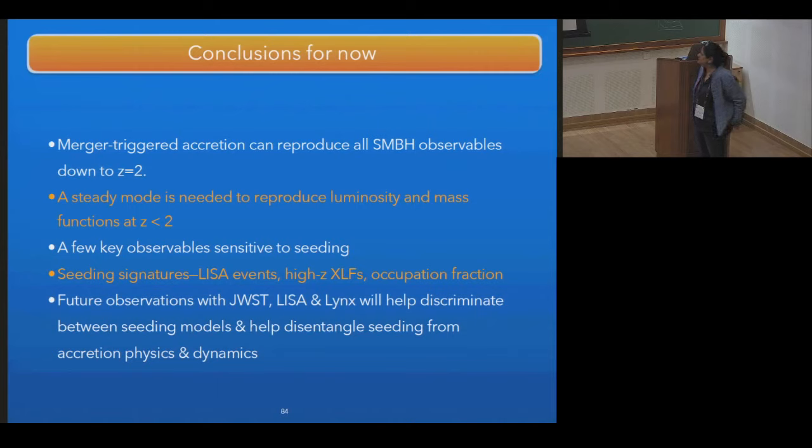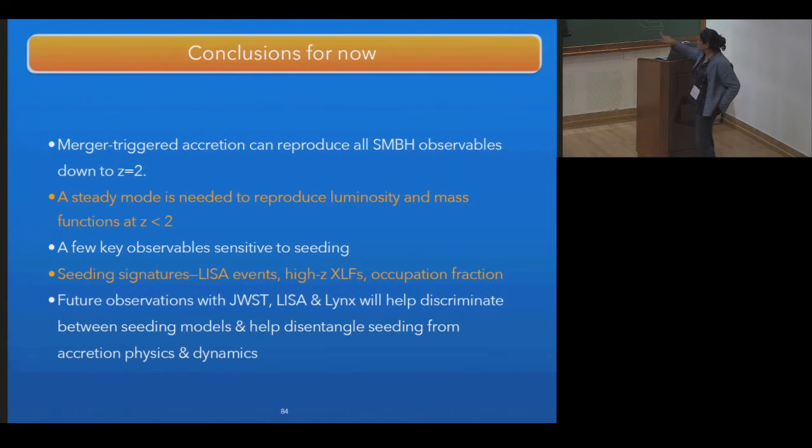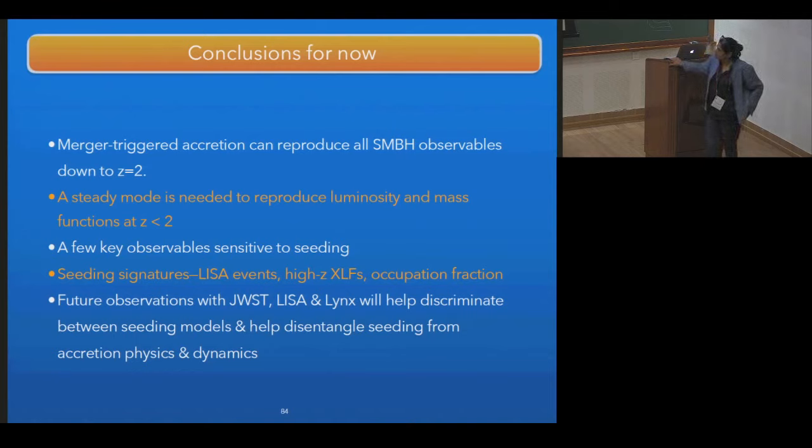So I think the conclusions for now are that, remember I was telling you one of the key things is to try to understand which of these is important. It looks like if I include all these three processes, obviously black holes grow primarily by accretion. They also grow by mergers. The question is this intermediate thing, how important is that? It turns out this merger-triggered accretion can reproduce all the observables down to redshift 2, but below that it doesn't.